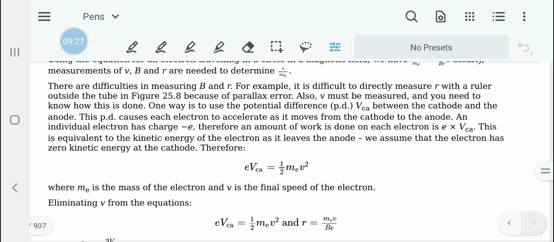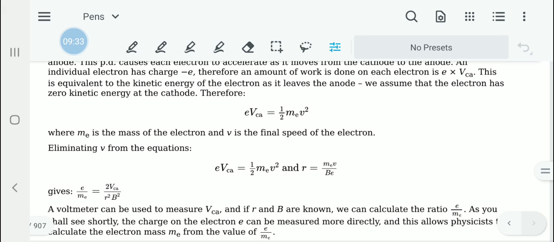So we can get rid of v from these equations and obtain e upon me equals 2VCA divided by R squared B squared.